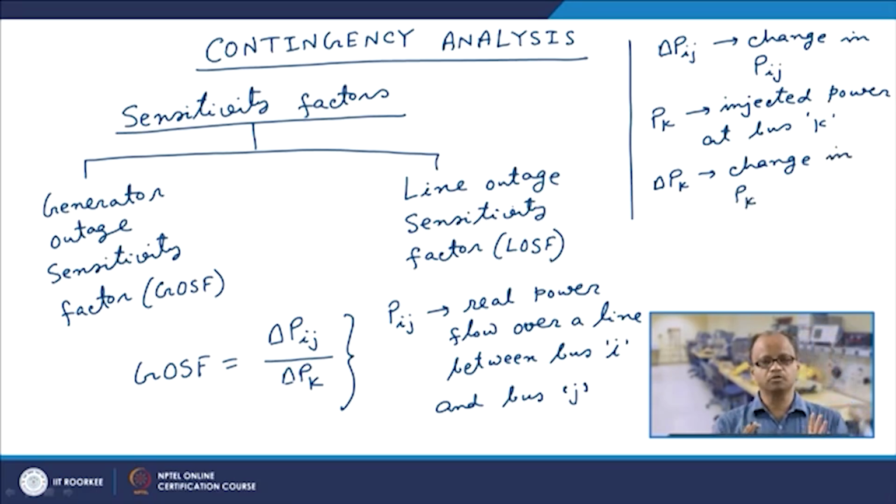So, what we are essentially saying is that GOSF is nothing but the ratio of change in power flow over a line between bus i and j due to the change in real power injection at bus k. This is the definition of GOSF, the generator outage sensitivity factor.